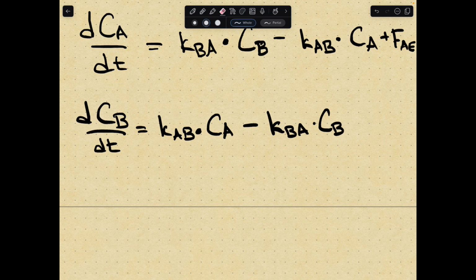So we want to solve this numerically, and we started off by using this finite difference term. So what I'm going to do is divide these differentials into finite differences instead.